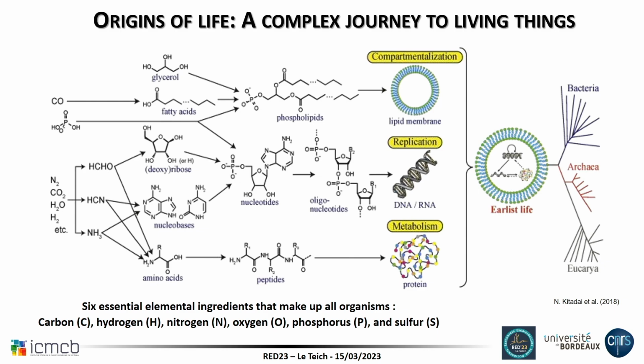So there are 6 essential ingredients that make up organisms, from what we know so far: carbon, hydrogen, nitrogen, oxygen, phosphorus, and sulfur. And this leads to the possible earliest life, the LUCA, that then is divided with the tree of life, and you're going to have another course after this one with more detail about this tree of life.